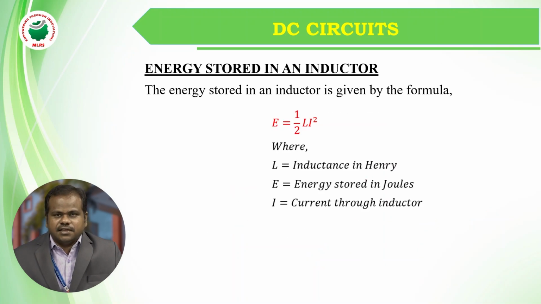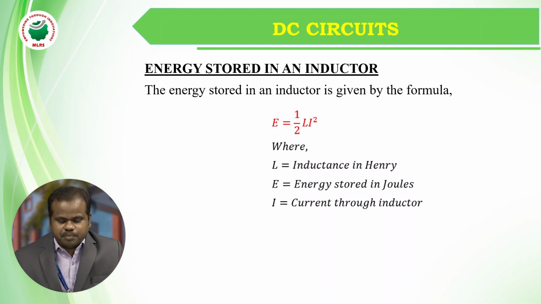Next, as I said, inductor is an energy storage element which stores energy in the form of electromagnetic field, and the energy stored in an inductor is given by the formula E is equal to half L i square, where L is the inductance in Henry, energy E is the energy stored in joules, and I is the current through the inductor, and its unit is expressed in amperes.